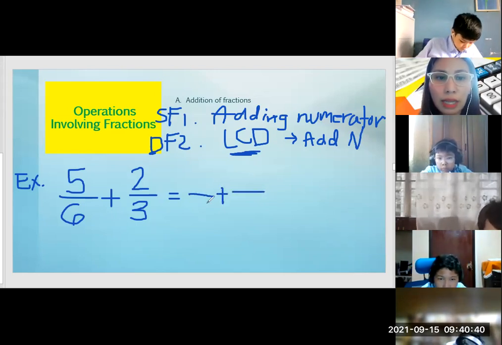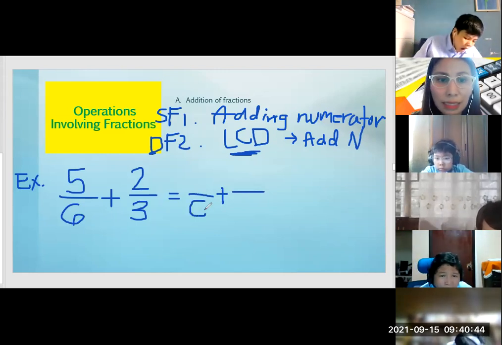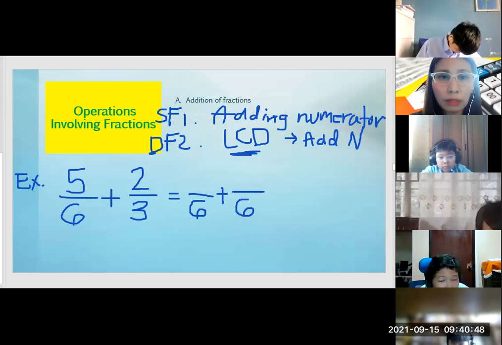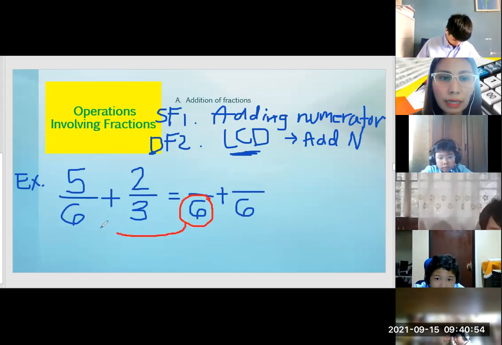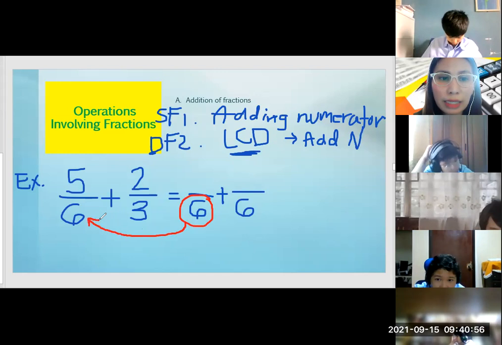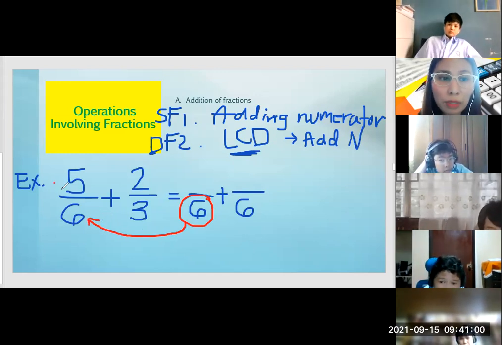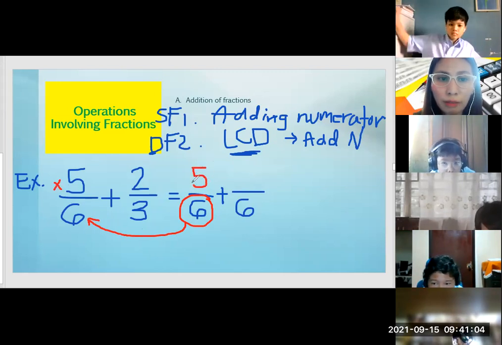The LCD of 6 and 3 is 6, right? 6 divided by 6 is 1, 1 times 5 is 5.